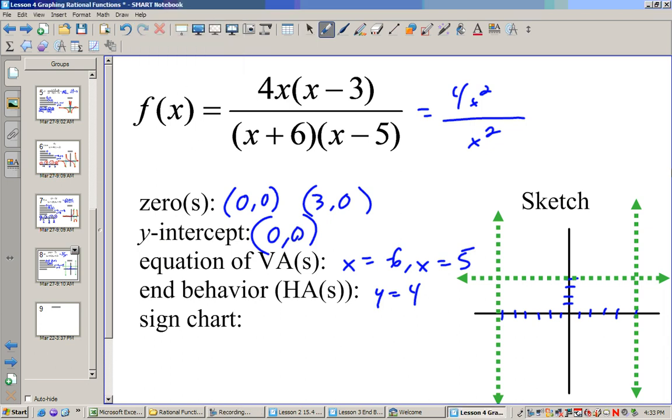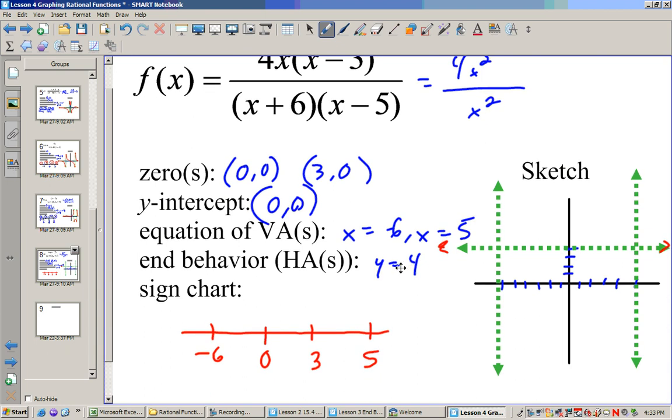All right, so now my end behavior, it goes towards this on the left and to the right. My sign chart has 0, 3, -6, and 5. So -6, 0, 3, and 5.